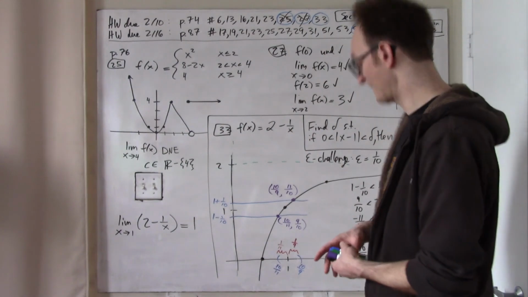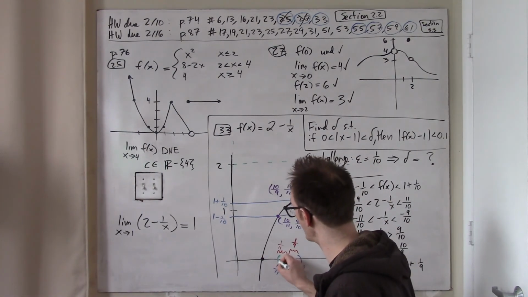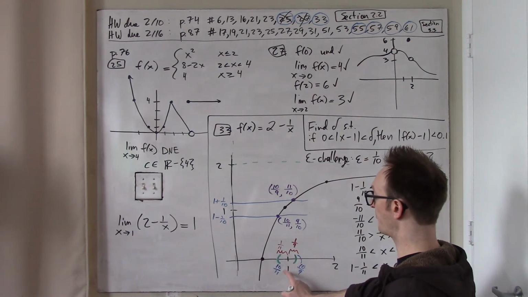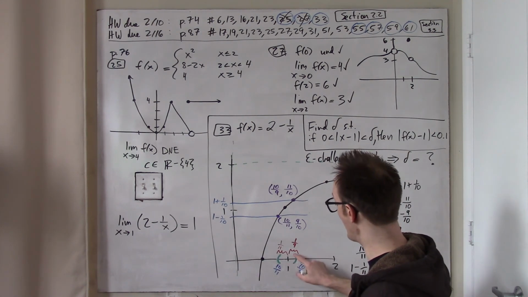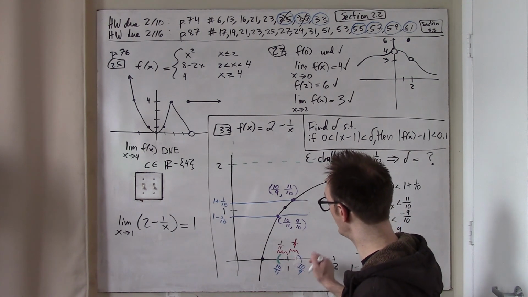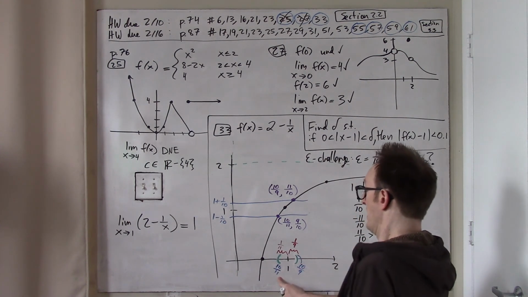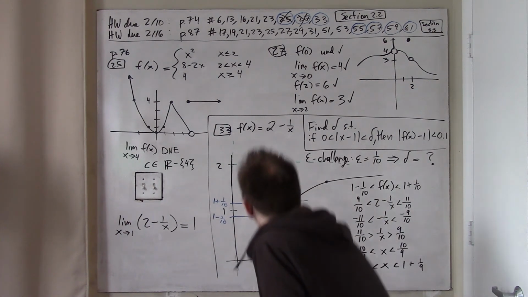What is 1/11? 1/11 is the correct answer to how far out I can drift from 1 on both sides and still land between the parallel lines. So this answer I'm going to give here, instead of 10/11, is going to be like 12/11.